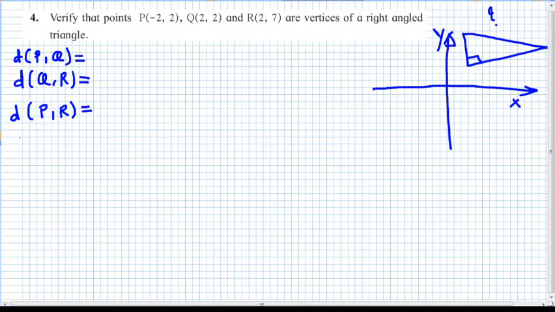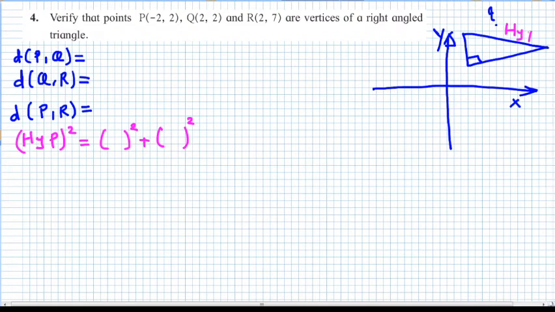I hope you know this property, which is the Pythagorean theorem, the Pythagoras theorem. What does the theorem state? Hypotenuse square equals one side square plus other side square. The largest side is always the hypotenuse.